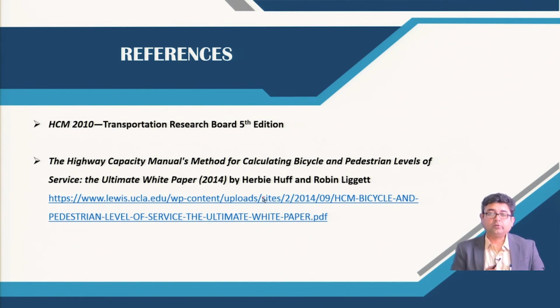So, you have to look at both of these lectures in one go, continuously, in order to understand the entire picture. We have also given you simple examples of how to calculate each of the levels of service. Hopefully, you would now be able to take this methodology and develop pedestrian level of service scores for different facilities in your city as well.